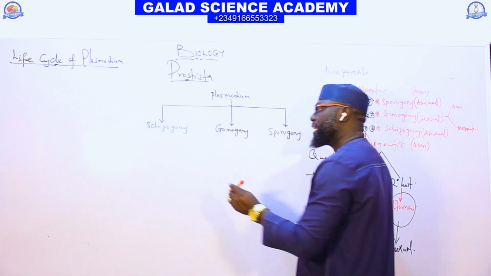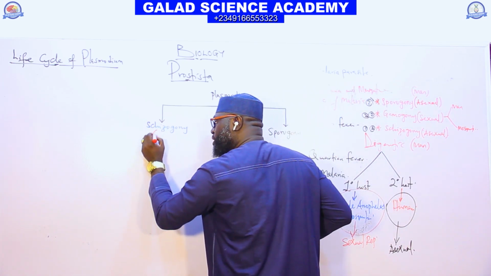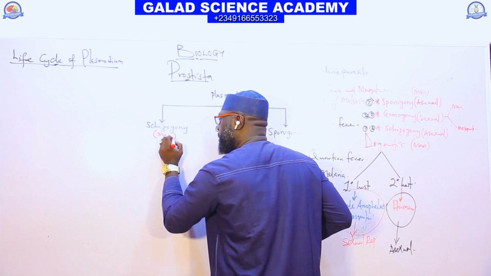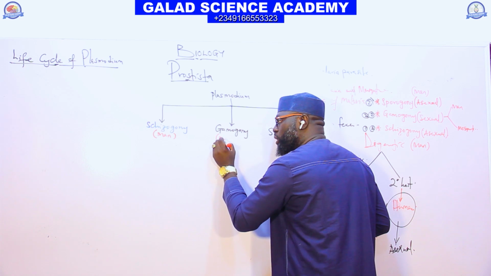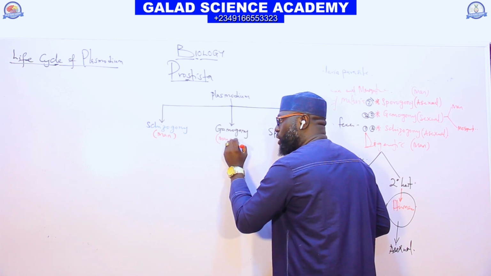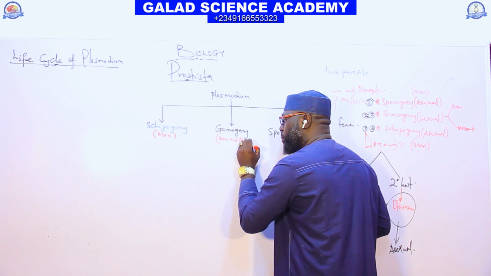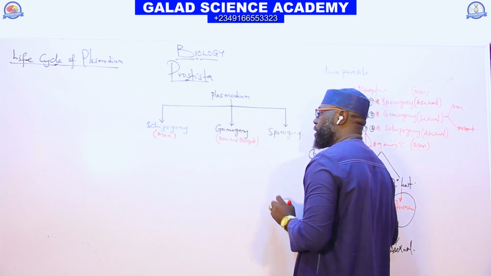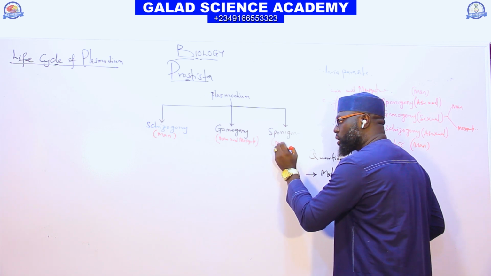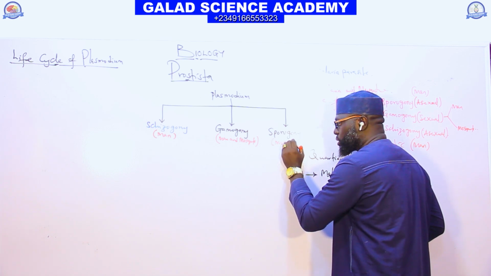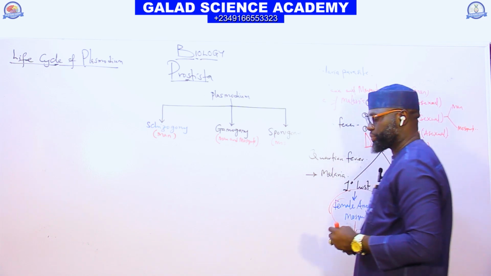I said this zygogony takes place in man. Gamogony in both man and mosquito. But sporogony completely takes place in mosquito.